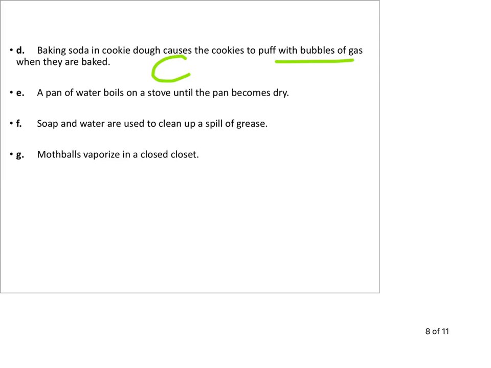Chemical change, bubbles of gas, an indication a chemical change is happening. A pan of water boils. Boiling is a physical change. Soap and water are used to clean up a spill of grease. That's a physical change, just causing things to dissolve. Mothballs vaporize. See that word vaporize, that's all you need. Physical change.